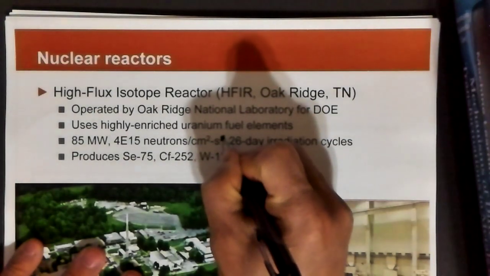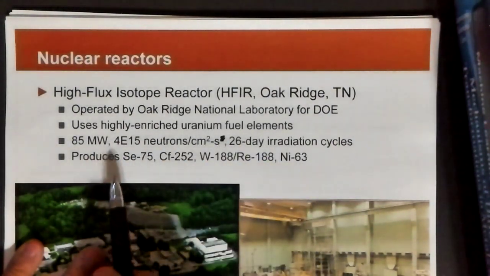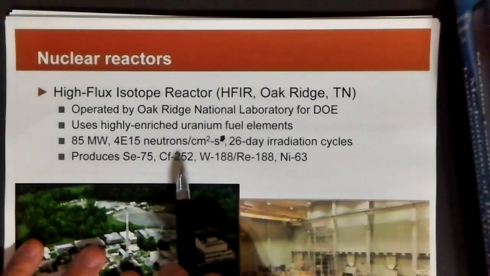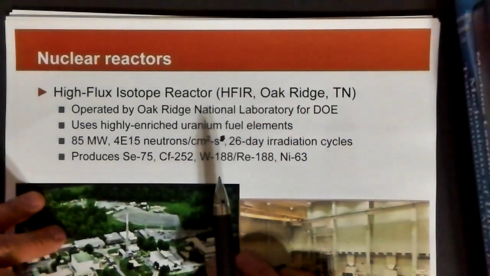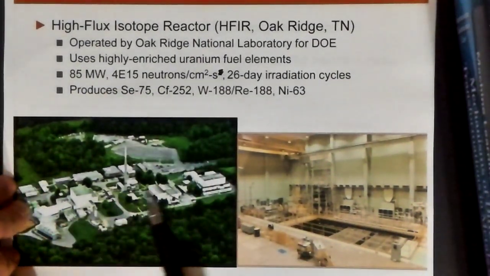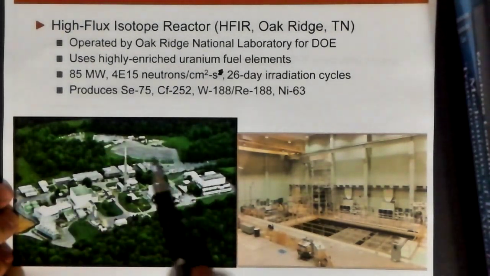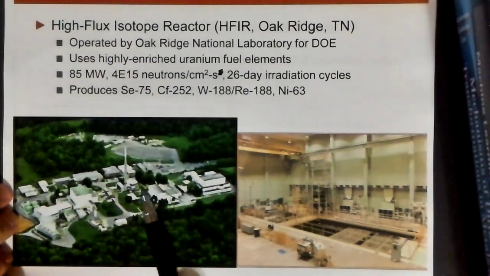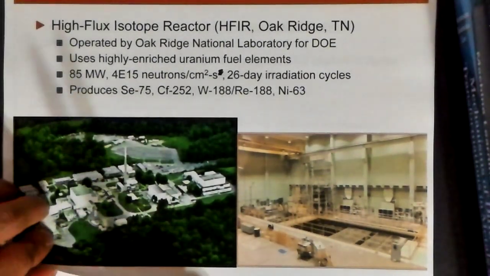It's 4.4 times 10 to the 15 neutrons per square centimeter per second, and it produces selenium-75, californium-252, tungsten-188, rhenium-188, and nickel-63. You can see some pictures here of Oak Ridge. This is the area where the High Flux Isotope Reactor is located, and here's inside the High Flux Isotope Reactor.